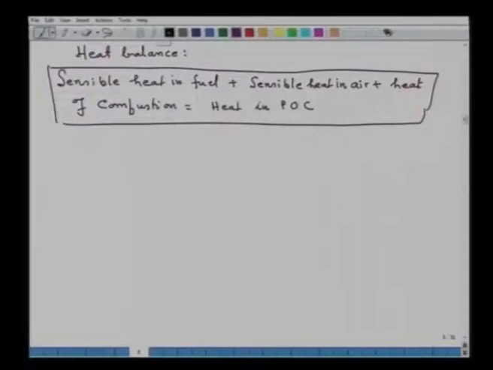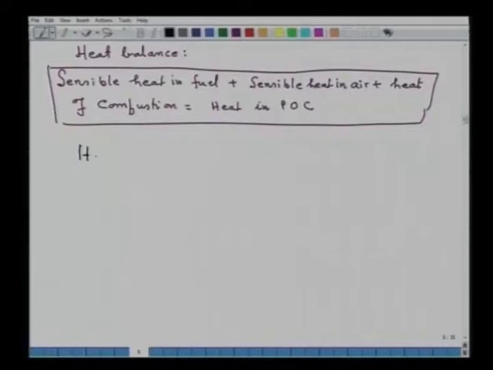Now, I have to calculate first of all the sensible heat of air and blast furnace gas. Here there are two ways. You can calculate the sensible heat in air as the integral of Cp of every component of air into dT, where Cp is A plus 2Bt plus C by T square, write down these values for oxygen and nitrogen, integrate, and get the sensible heat of air.